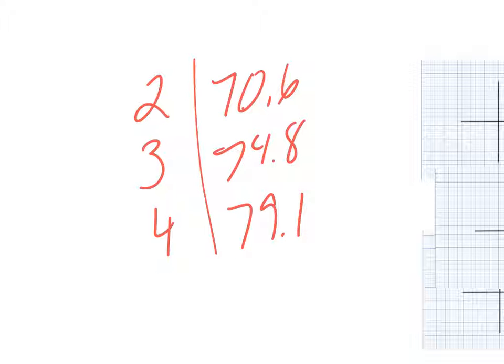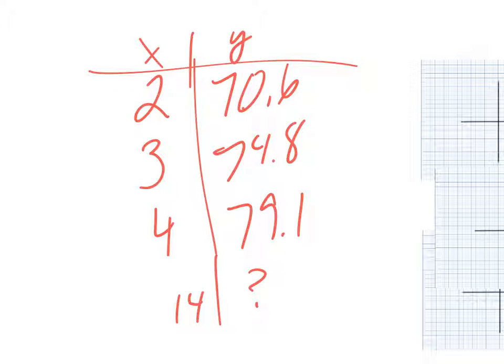The question is, if I'm going to call this x and this y, if I gave you an x of 14, what would you get? All right, use linear regression.